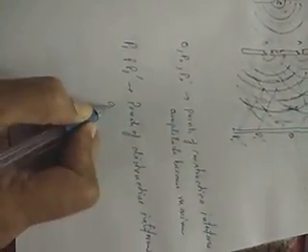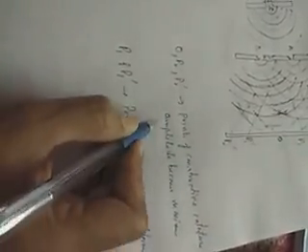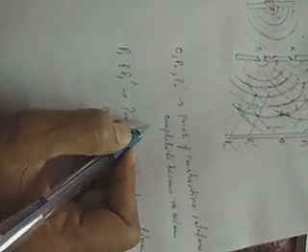Here the amplitude becomes minimum. So these points will be brighter, and these particular points will be darker.